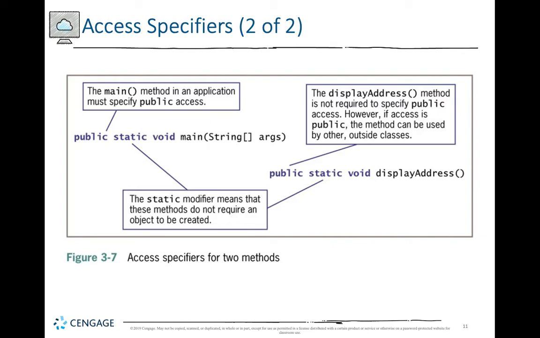By having it public, any class outside of the class called first can see it. If it was private static, they couldn't see it. And the static modifier in this case means that both of these methods don't require an object to be created. All right, let me pause there.